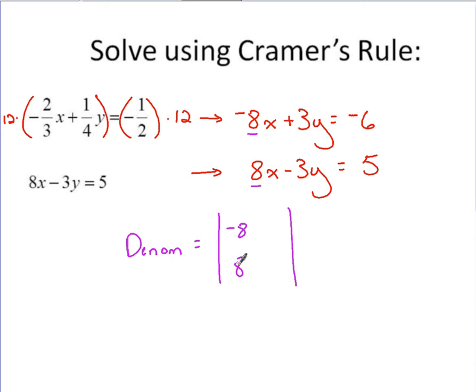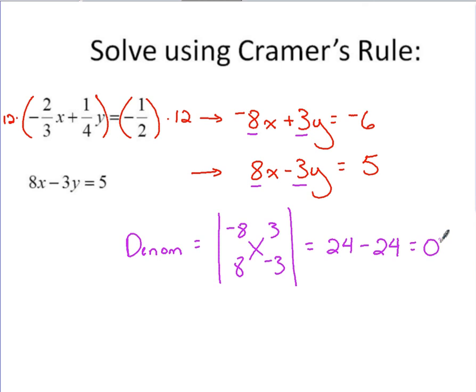And the second column where we got coefficients on the y, so 3 and -3. We evaluate that. Cross multiply, got -8 times -3, get 24, minus, cross multiply here, 8 times 3, 24, we're going to get 0 back, right?